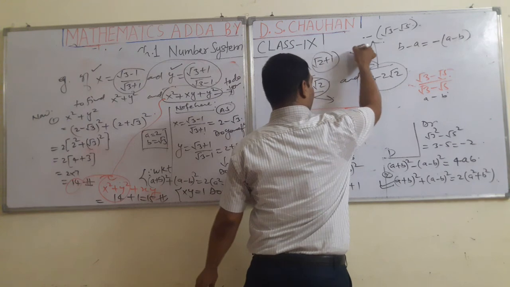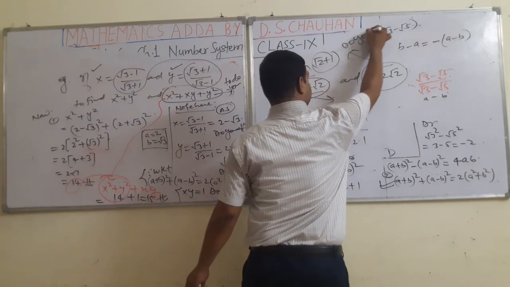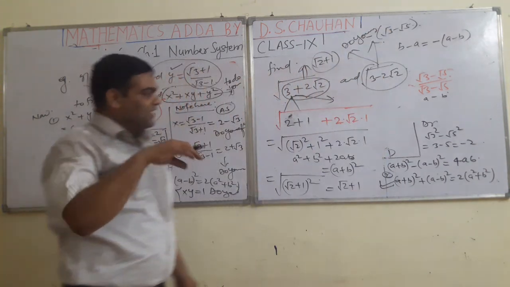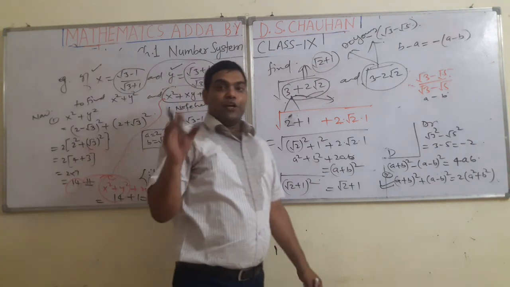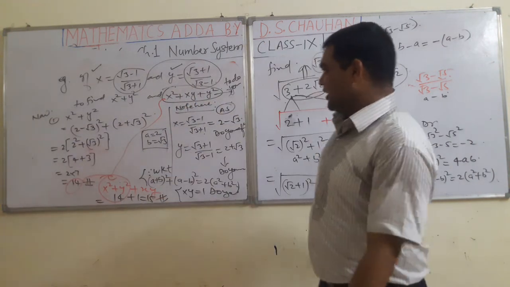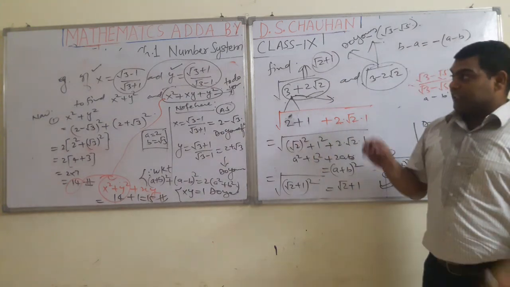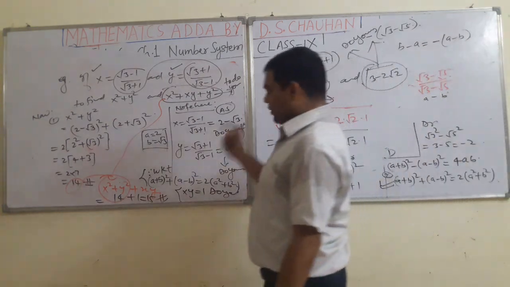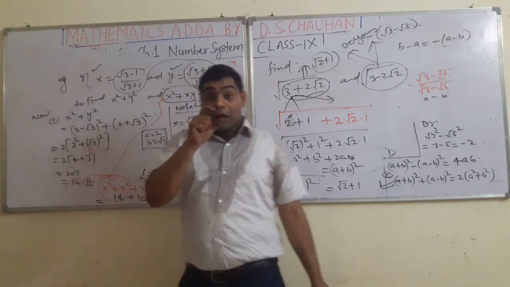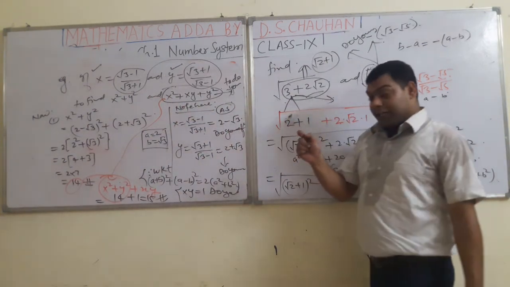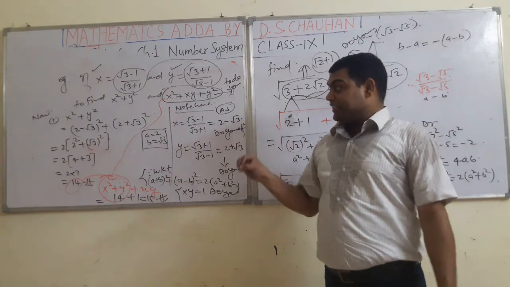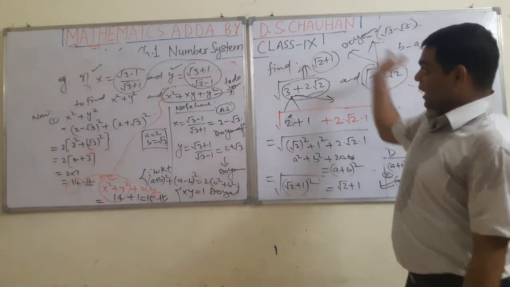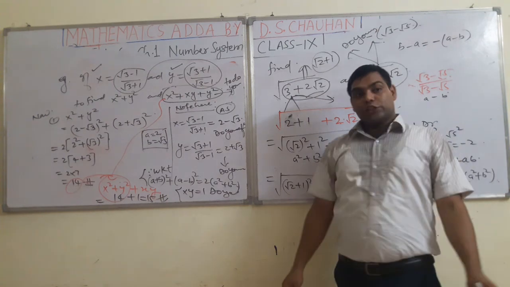Similarly you can do this yourself. In this way, students, you have seen I have discussed all types of problems. Now keeping all this discussion in mind, along with the concept of rationalization of the denominator, the concept of conjugate of an irrational number and the concept of rationalizing factor, you can solve all these types of problems.